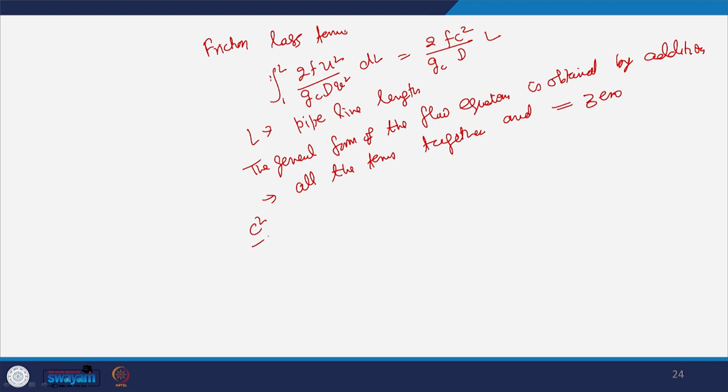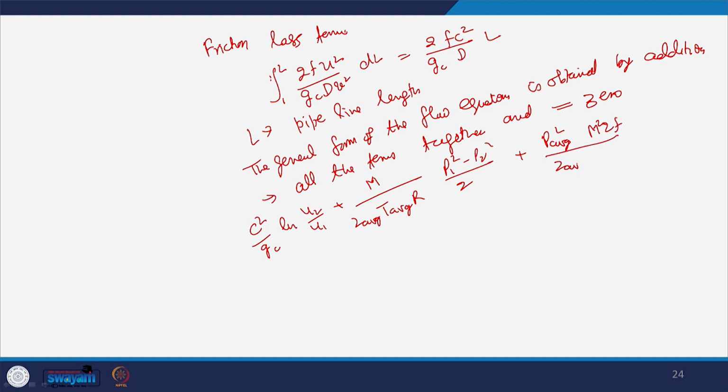So it is u square upon gc ln u2 upon u1 plus M upon Z average T average R times P1 square minus P2 square upon 2 plus P average M square 2f upon Z average R T average delta H plus 2f u square upon gc d dl, and that is equal to 0.